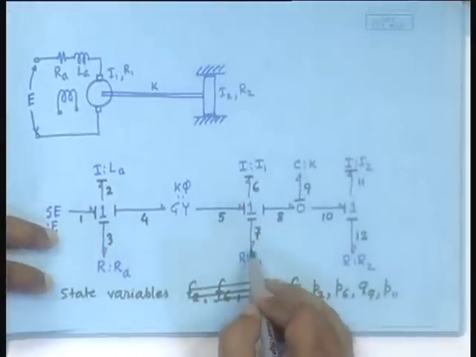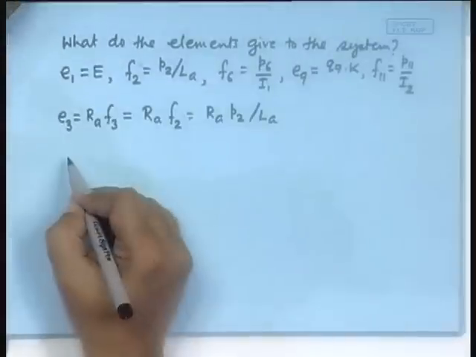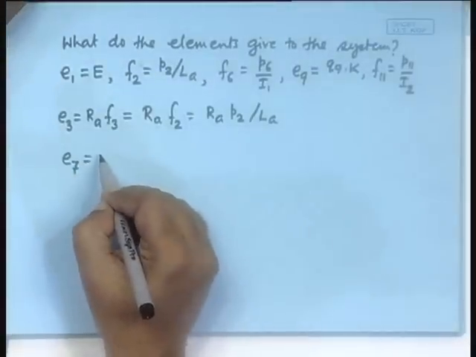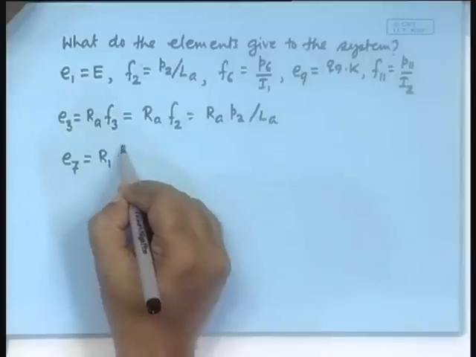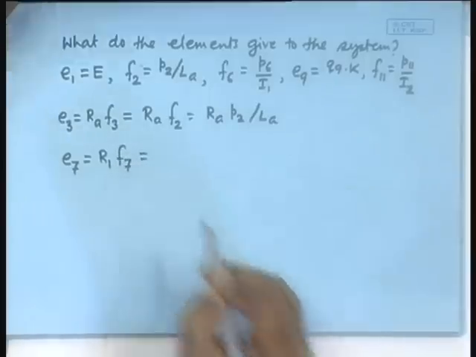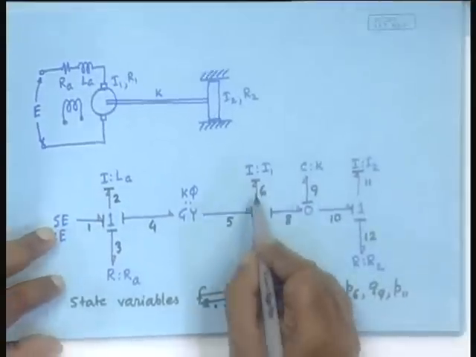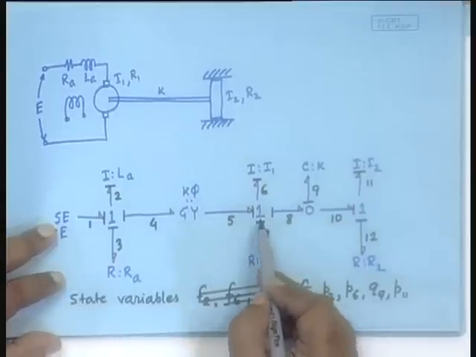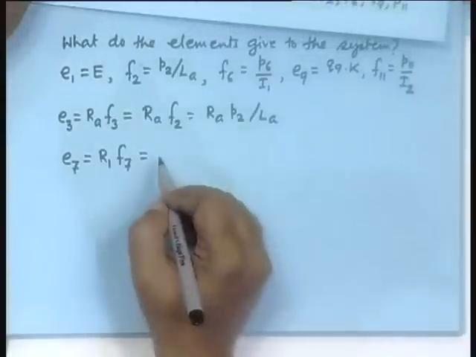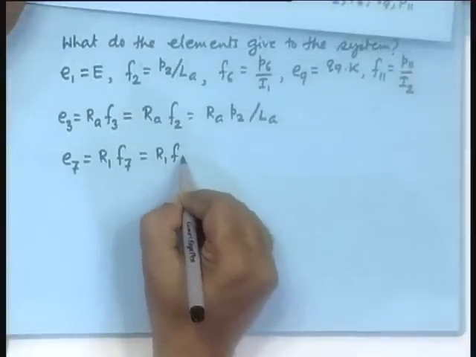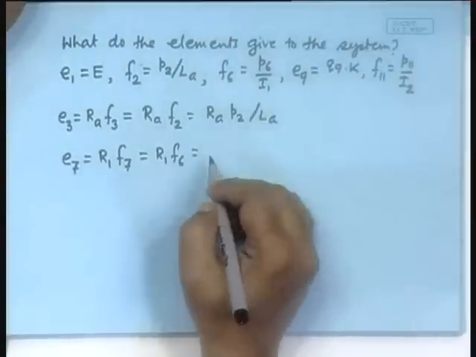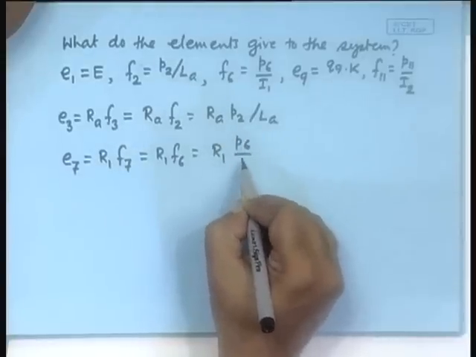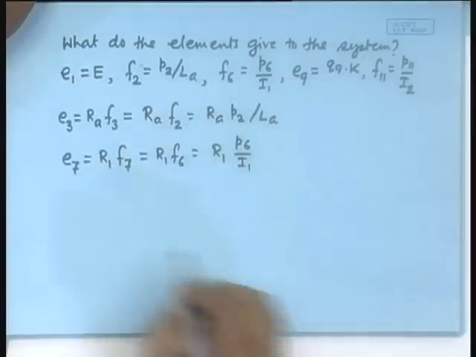Second one, what does it give to the system? E7. E7 is R1 F7, and F7 information comes clearly from here, that is a strong bond bringing in that information. So, R1 F6, which is again simple, R1 P6 by I1.